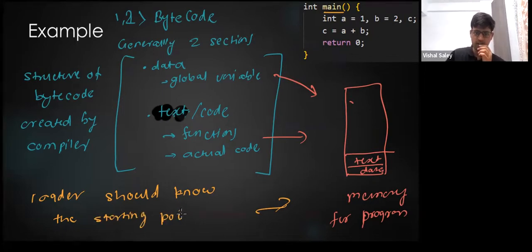Do you guys agree with this? Yeah. So for knowing this, you have to enforce some kind of structure. Just to do this basic operation, knowing the entry point, there has to be some structure to this bytecode, right? Is that understood?